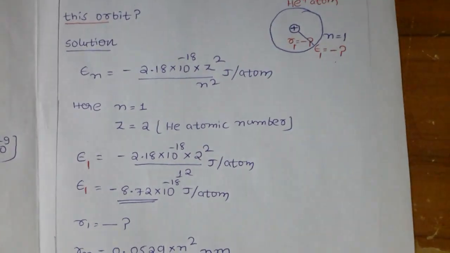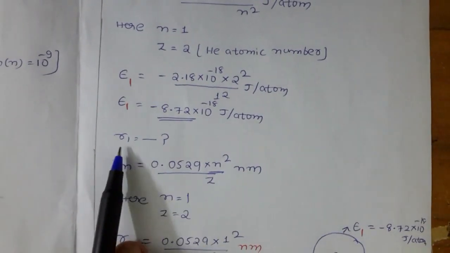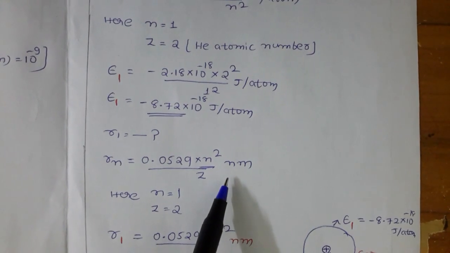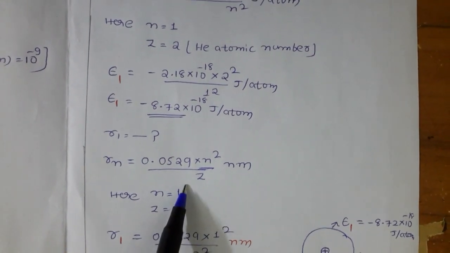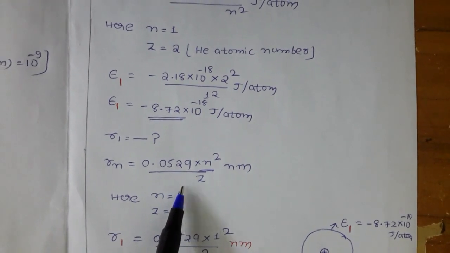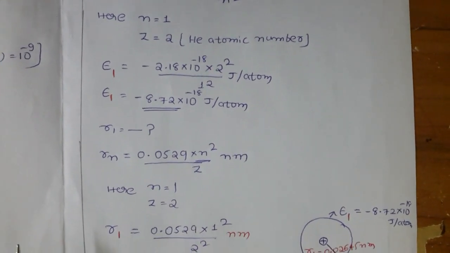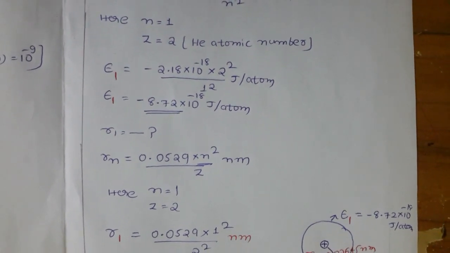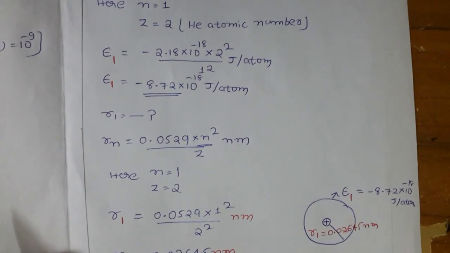Now come to the radius. Again for the radius we have an expression. The textbook gives the answer in nanometers, so I directly took the expression in nanometers. If they ask for the answer in other units, you have to select that expression, or you can go for unit conversion. It depends on the paper setter which units they want, and you give the answer accordingly.